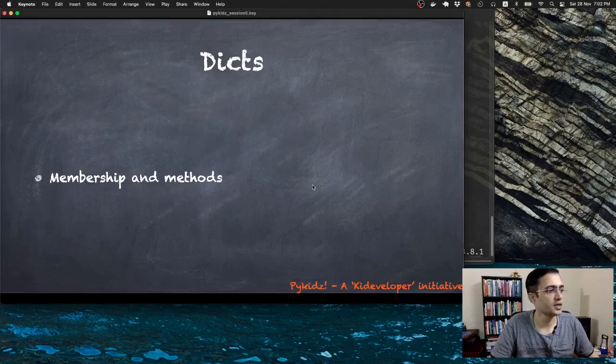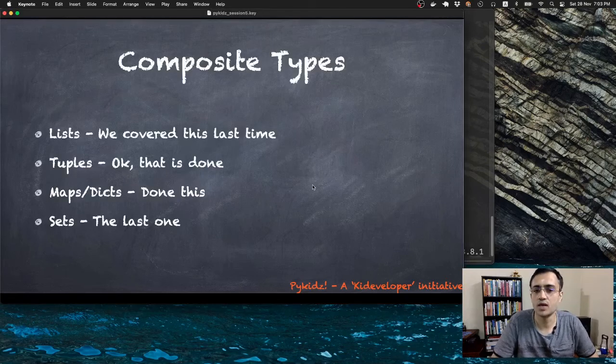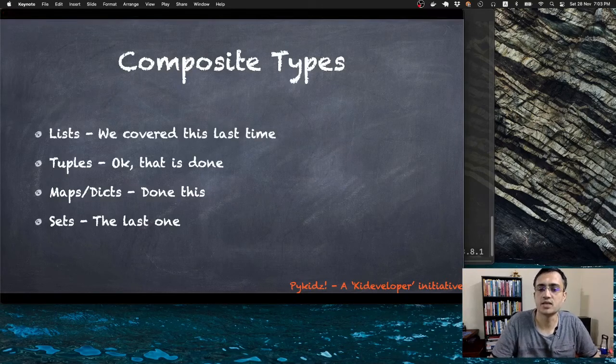So that's it. I think we covered maps or dicts in pretty good detail. We looked at how to define them, how to access them, and the importance of a key. The key is everything in a dict, right? We looked at how keys can be defined, what the rules around them are, and then how you can manipulate dictionaries, like how you can add new entries, update entries, and remove entries.